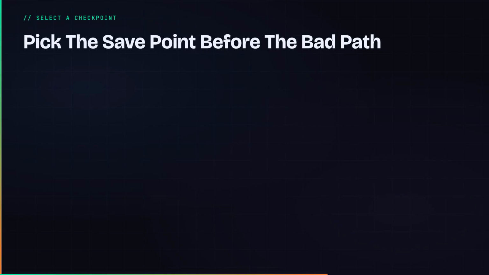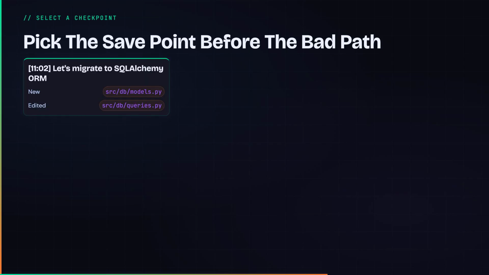After the failed attempt, the browser gives you a clean decision point. You are not stuck untangling every edit by hand. The current 11:02 checkpoint contains the bad path. It created src/db/models.py and edited src/db/queries.py.